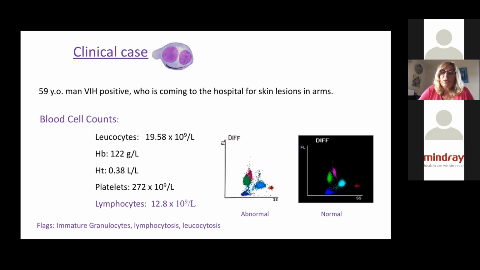If we look at the graph, we can see also an abnormal cluster of cells next to the lymphocytes, and the monocytes disappear. So the flags were immature granulocytes, lymphocytosis, and leukocytosis.